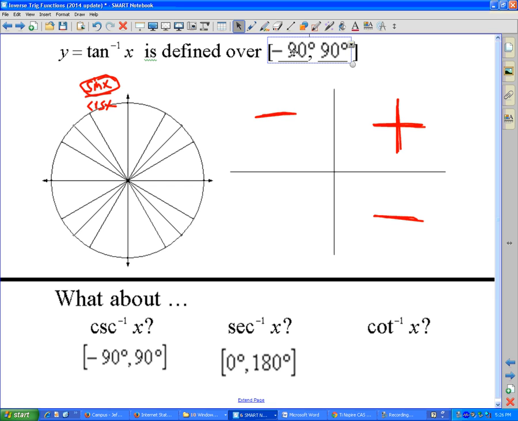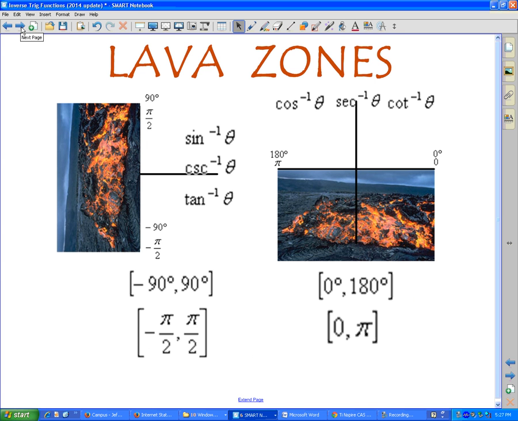Meanwhile, the cotangent was cosine over sine, and because the cosine's in the top, we're going to have the same region as the inverse cosine. That is not the reason that these decisions were made, or at least if they were, that would be bizarre. That's just a way I have of thinking about it, and hopefully that helps you keep them straight too. But this is our final results for the lava zones.